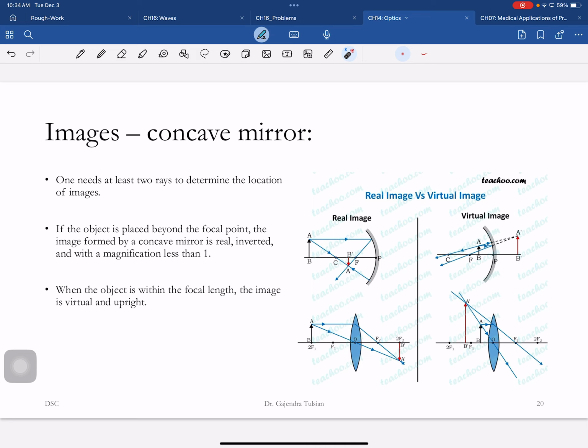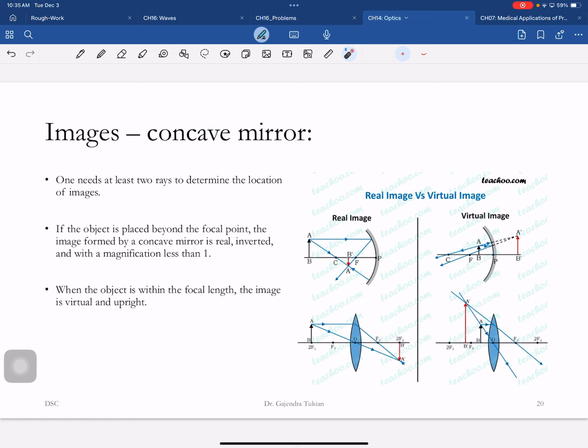You can take a spoon, and if you put your face close enough, you'll see a magnified image of yourself. Most people have a concave mirror in their bathrooms, and you can see a virtual magnified image.